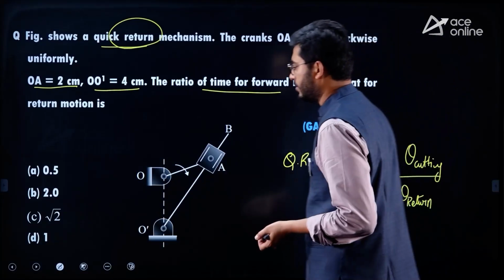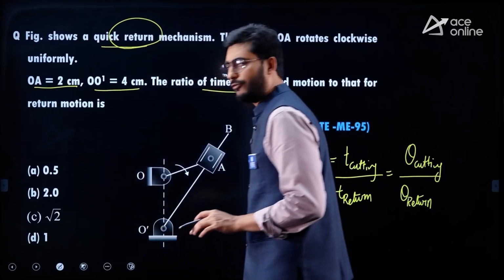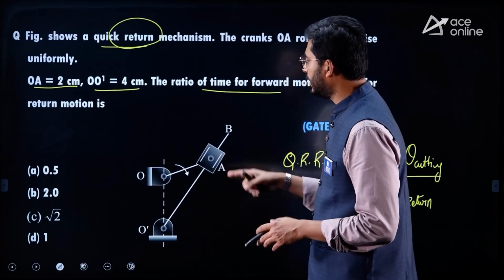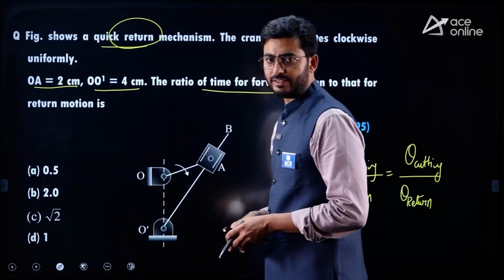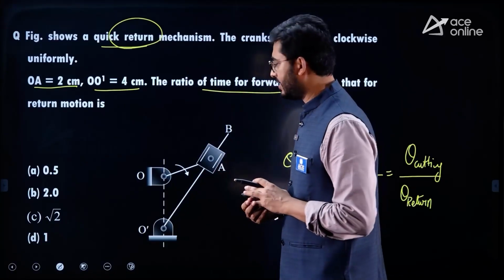And here if we observe the sizes of the fixed link and the crank, the fixed link size is more than the crank, and this is a crank slotted lever mechanism, not a Whitworth mechanism.